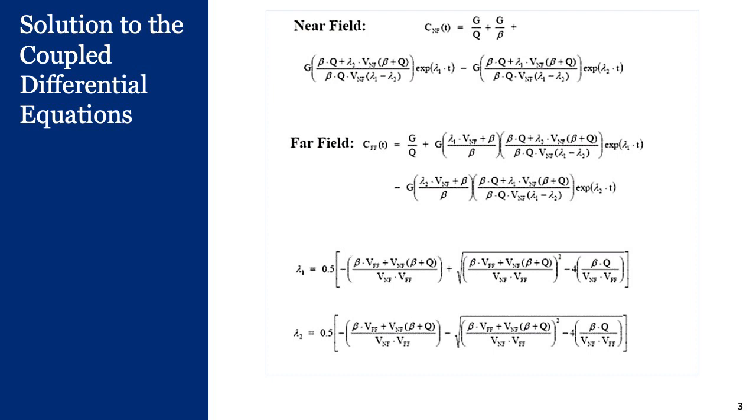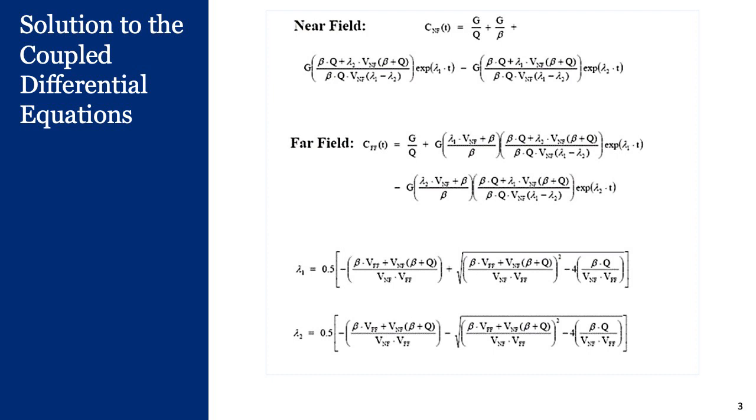But now that we have broken up the room into a near field and a far field, we expect that the near field concentration is going to be greater than G over Q once you reach steady state. So now we have two terms, so G over Q plus an additional term, G over beta. Now let's look at the terms that have some time variation in them.